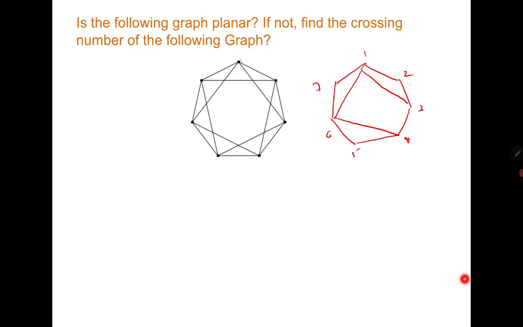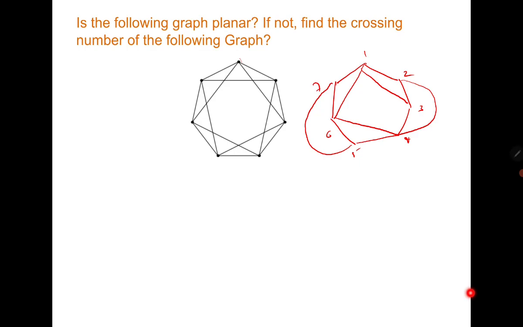Now after that, let's try to go from outside. 2 is adjacent to 4. Now 5 is adjacent to 7. So 6 is done, its degree is 4. 1 is done, 2 has degree 3, 3 has degree 3, 4 is done.